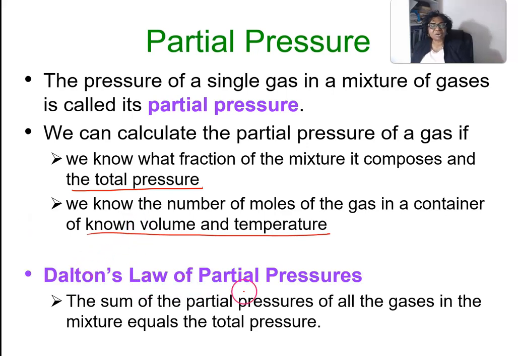So Dalton's law of partial pressure, what does it state? It states that the sum of the partial pressures of all the gases in the mixture equals the total pressure.